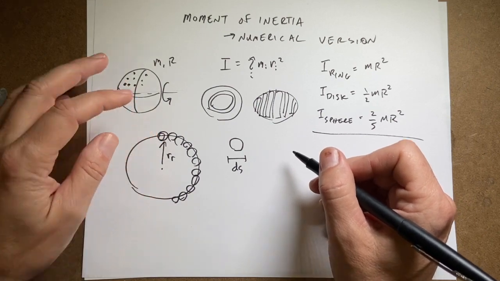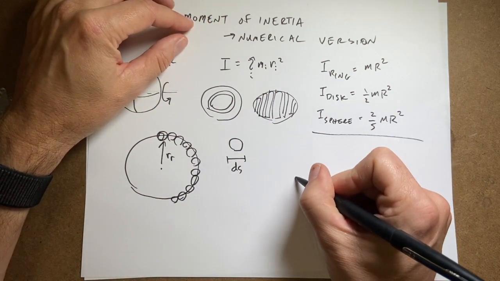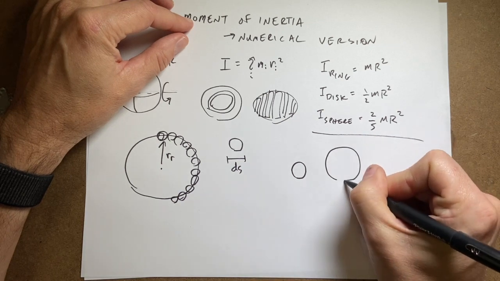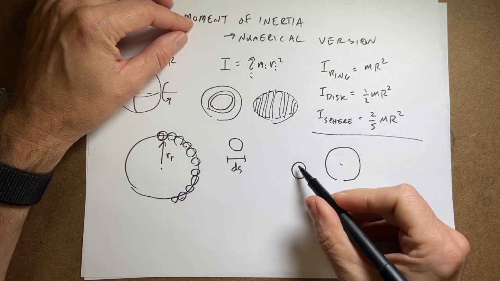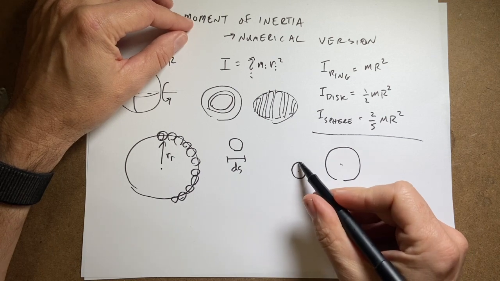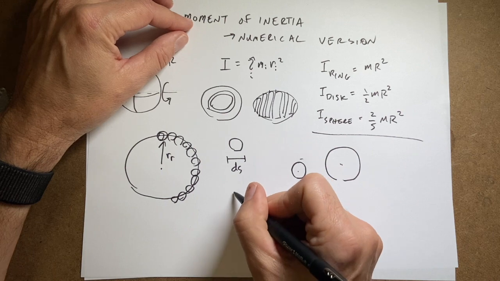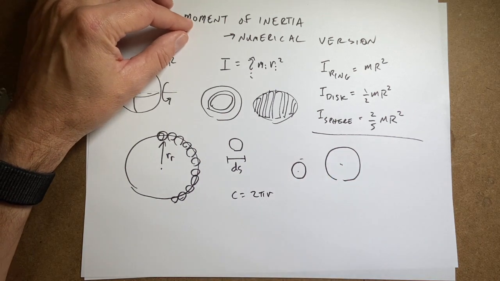Now, the one thing that I did have trouble with was, how do I break this up? Because imagine I have a small ring and a big ring. I want the big ring to have a bigger mass than the small ring. I don't want them to be the same masses, so I want this one to have fewer pieces in there. If I look at the circumference around here, the circumference is 2 pi r.